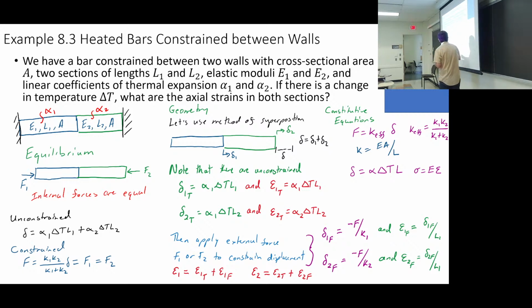So we can apply this F or F1 or F2, whatever we want to call it, to these different elements. And when we do that, we can think of the combined strain of what's happening in the first section and what's happening in the second section.